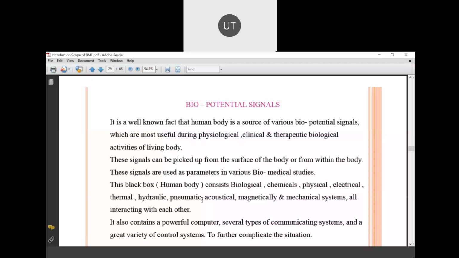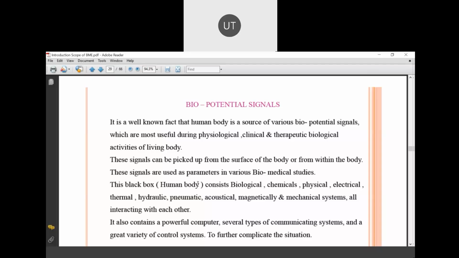Okay. So this black box, we are considering the human body as a black box. So what are the systems it consists of? It consists of different systems. So what are the systems? Can you name the systems? Chemical systems are available. Different chemical reactions or chemical changes happen in you.